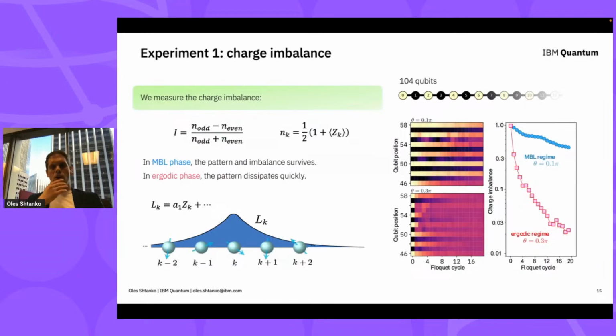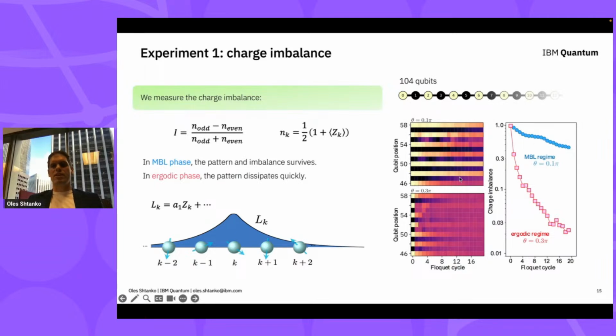So let me start from dynamics of local spins. Here is a depiction of the initial state of this qubit chain, which we evolve according to the circuit you've seen before. If we choose our small angle, 0.5 pi, we'll see that the pattern we put the system in survives over time.